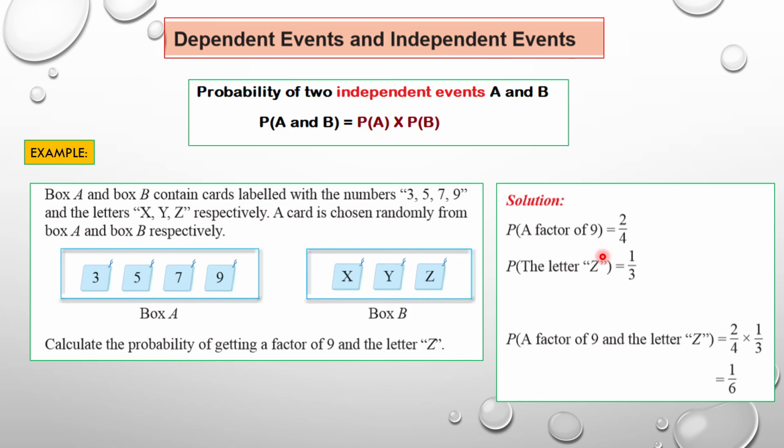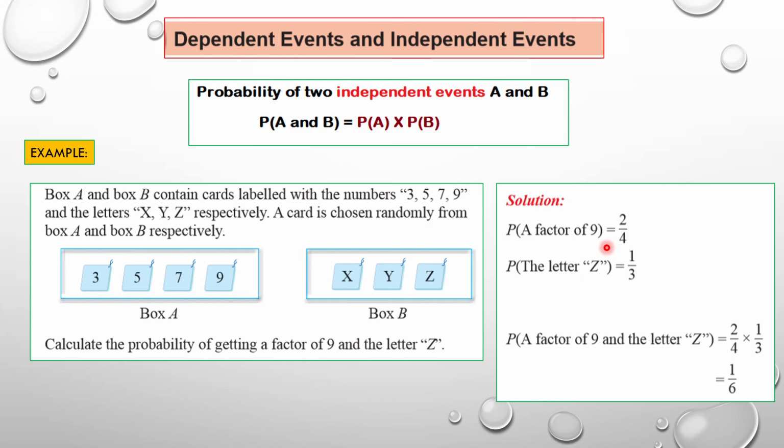So the probability of getting a factor of 9 will be, okay, since we have card 3 and card 9, we can choose card 3 or 9 in order to get a factor of 9. So 2 out of 4. So that is the probability. If you still remember the basic formula of finding probability, event A equals number of event A over number of sample space.